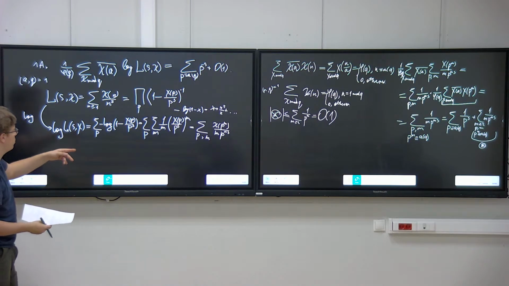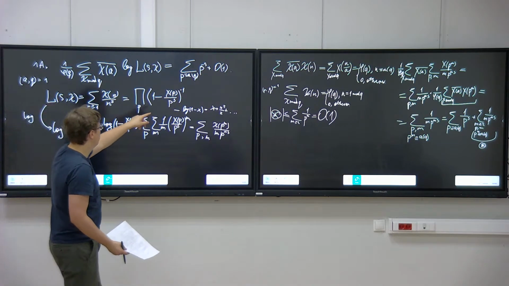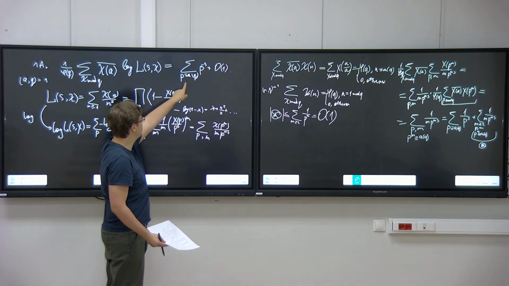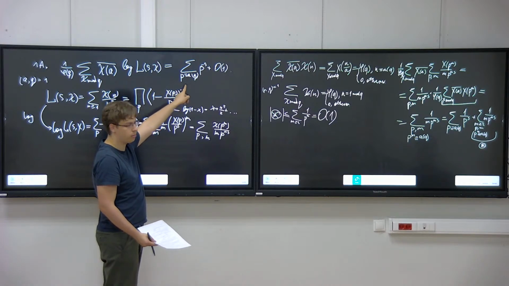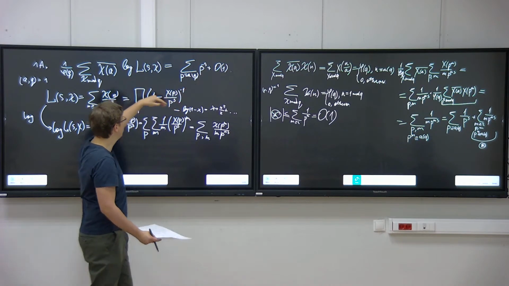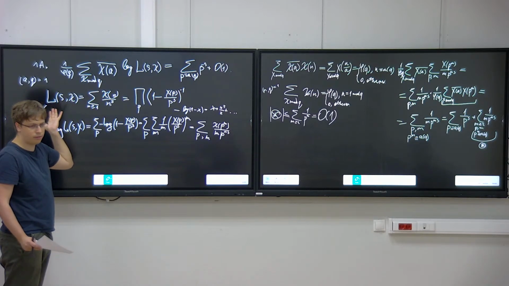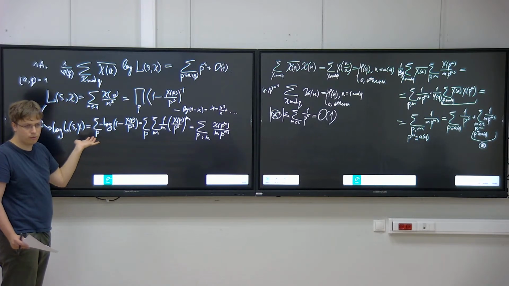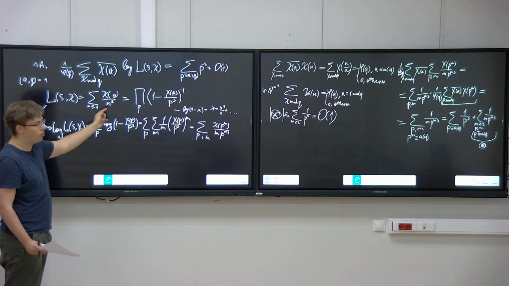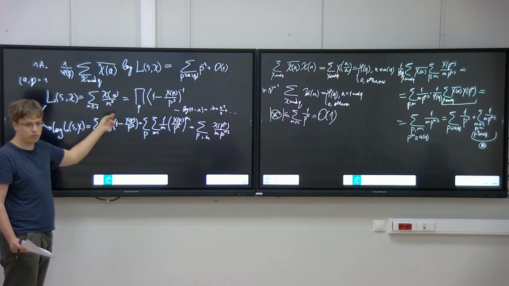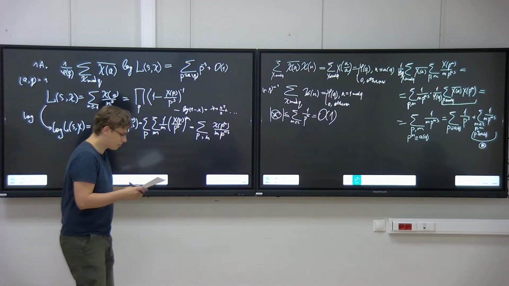So the idea was that we want some characteristic functions of primes that are congruent to a modulo q, and we made our characteristic function as linear combinations of characters, and characters are good because we have an Euler product for the corresponding L function.